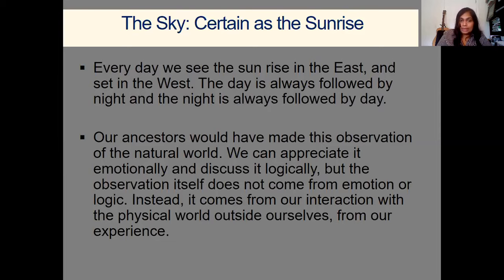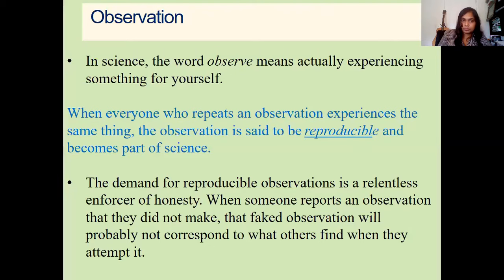So let's look at whether we can apply this and make it a true statement for the physical world. In that case, observation plays a big role in the scientific method. In sciences, the word observe means actually experiencing something for yourself. So basically you have to see that.